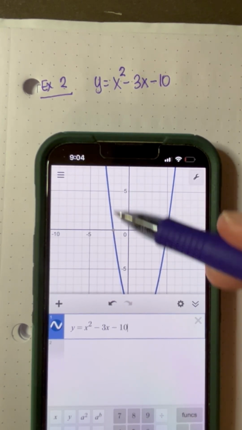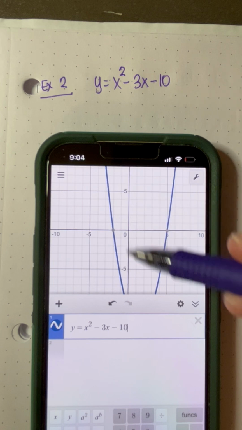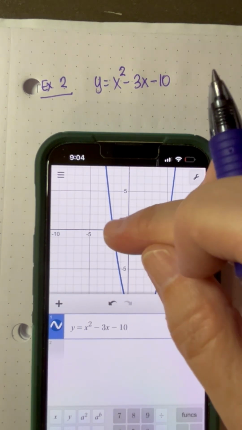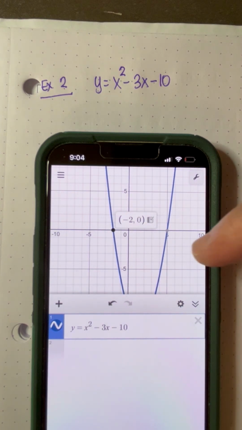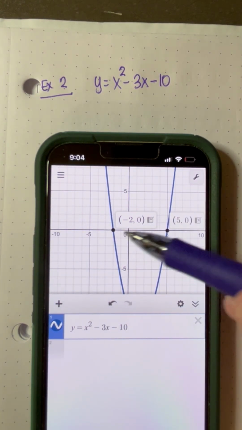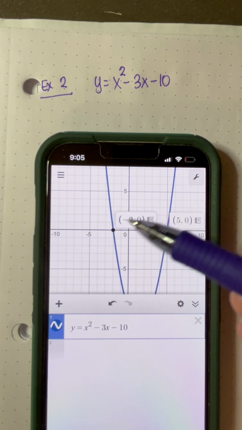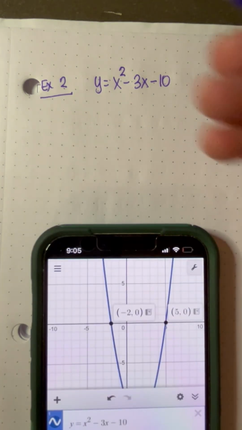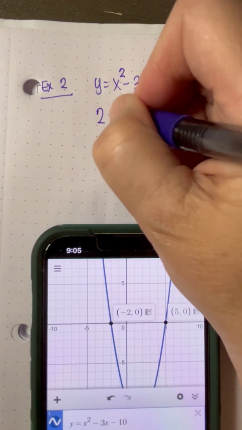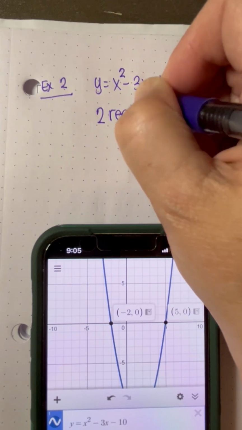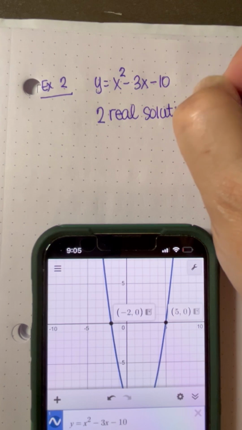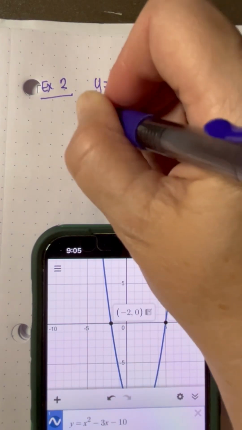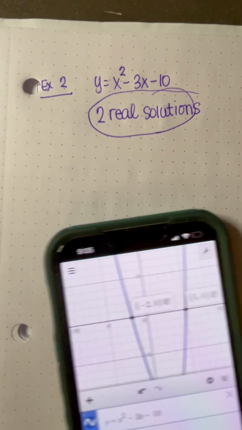And I can see my graph right here. There's my u. If I want to know how many solutions there are, then I look for x-intercepts. So I've got one at -2, 0, and another at 5, 0. So notice again, this graph is hitting the x-axis 2 times. So I would tell them that this one also has 2 real solutions. And that one's done.